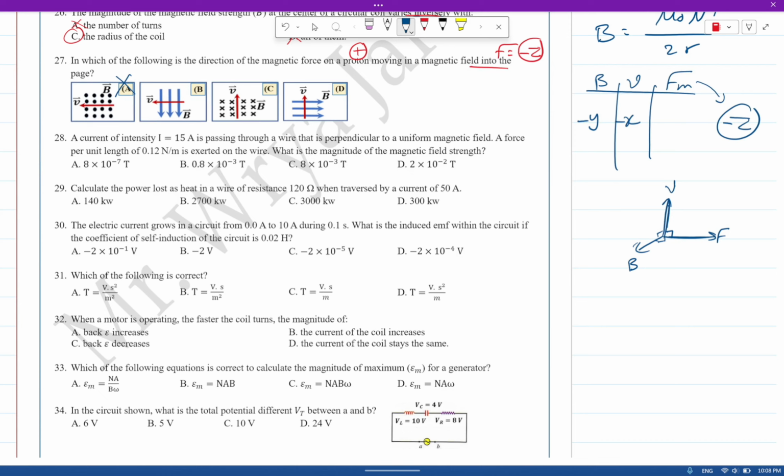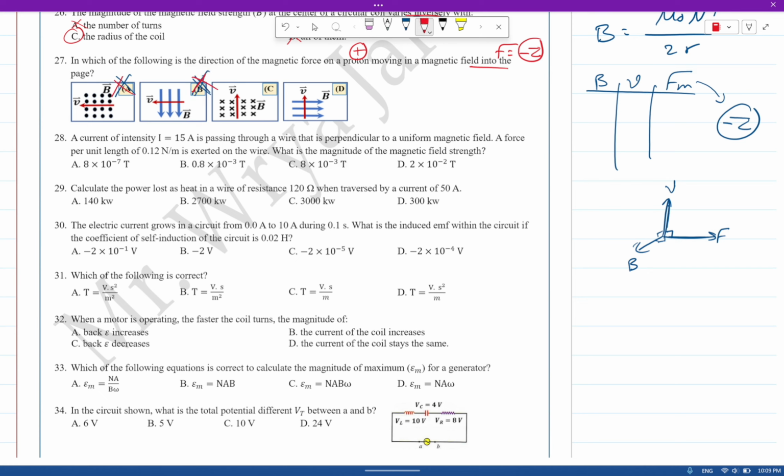If you look at the V direction, it is still pointing to your left, that is x negative. Now you can see that your palm is basically facing upward. Facing upward is z positive, not negative. So this is also incorrect. So option B is also incorrect. What about option C here?